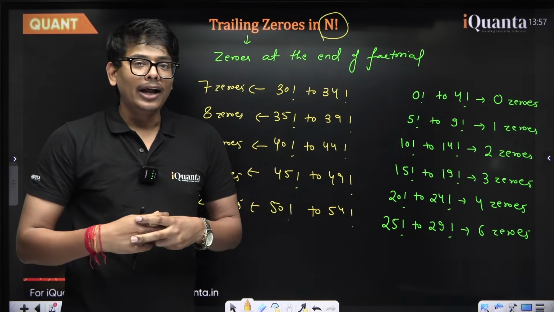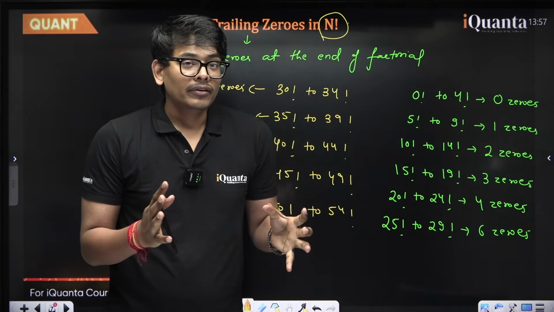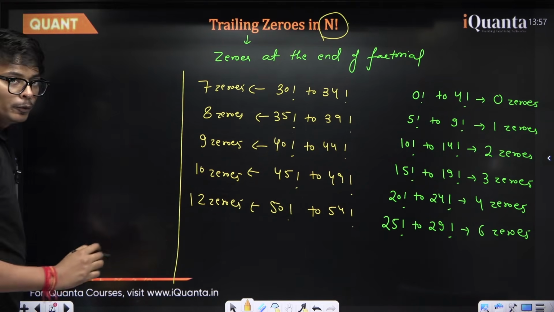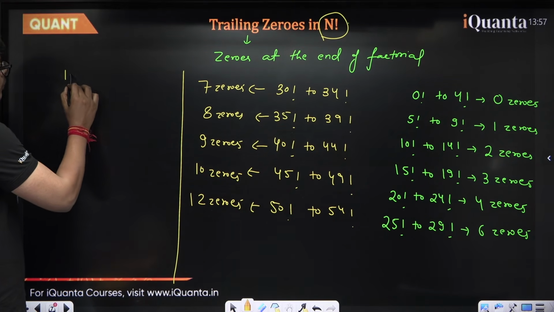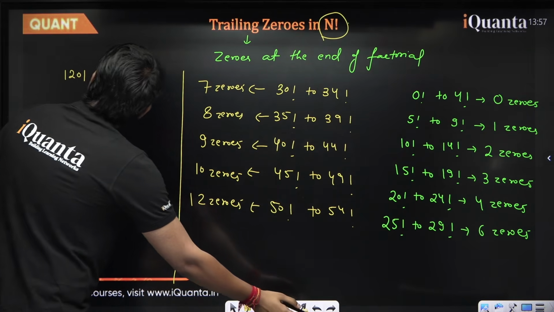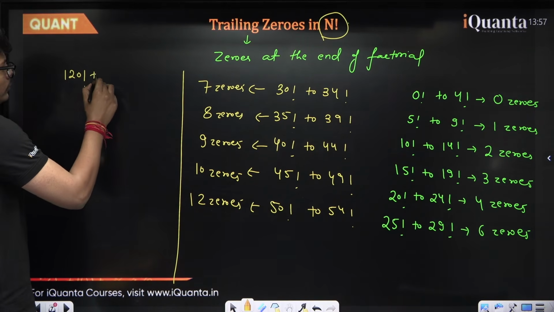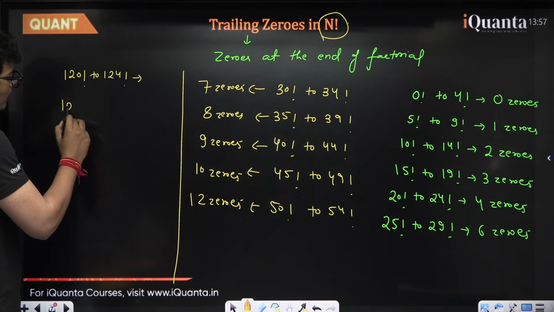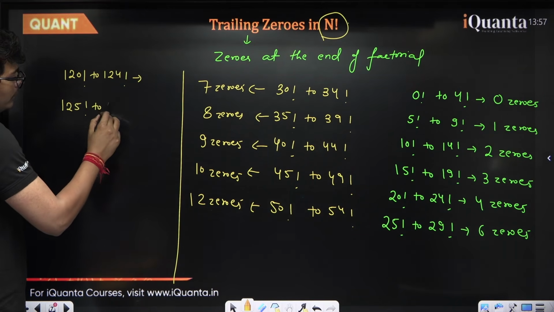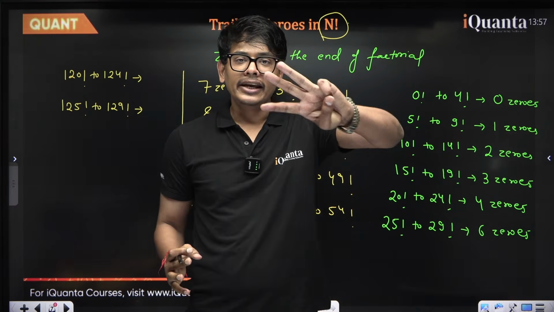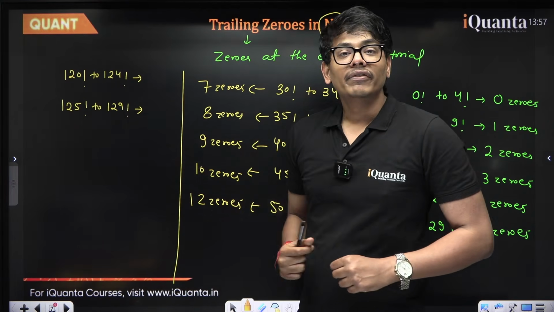Now the next power of 5 will be 125. So when the next power of 5 comes into the picture, that means when you solve for 120 factorial till 124 factorial, and when you solve for 125 factorial till 129 factorial, you will see a jump of 3 zeros because 125 is 5 cubed.